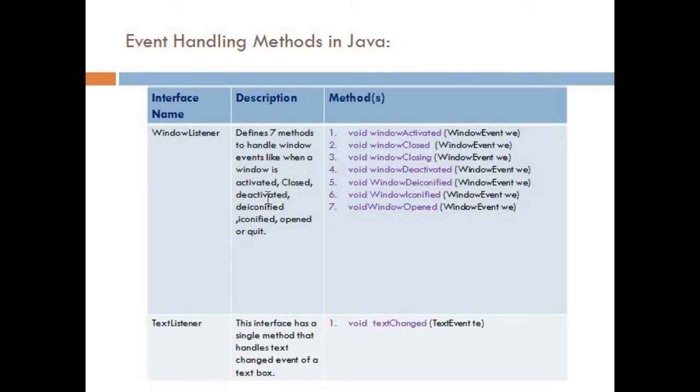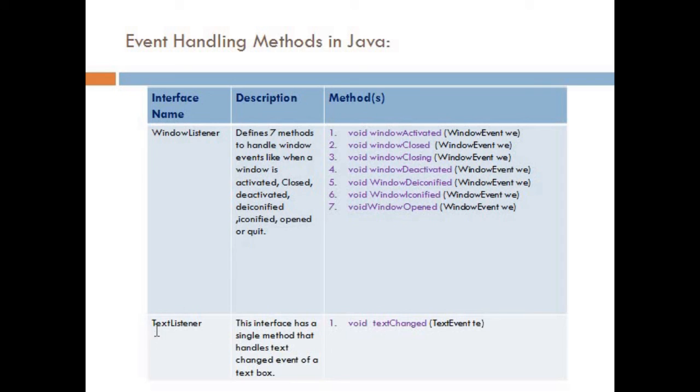Similarly, for the events such as window closing, window deiconified, the corresponding methods such as void windowClosing, void windowDeiconified, void windowIconified shall get executed. And each of these methods prototyped inside the WindowListener interface shall execute a series of actions in response to the events.